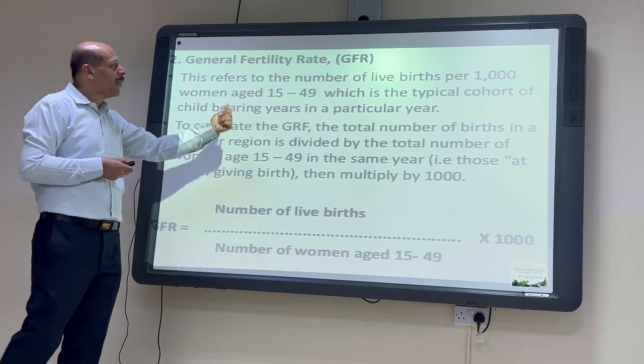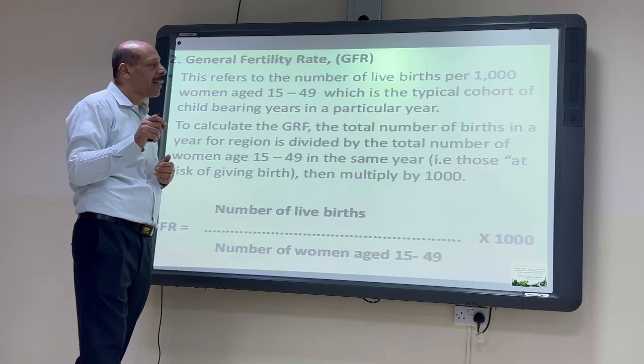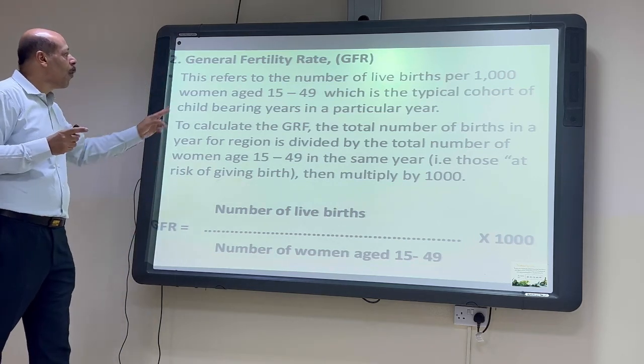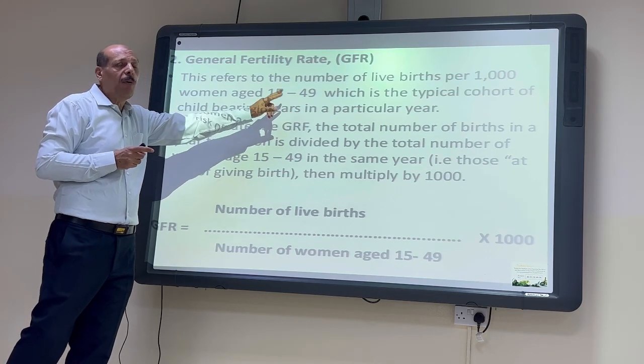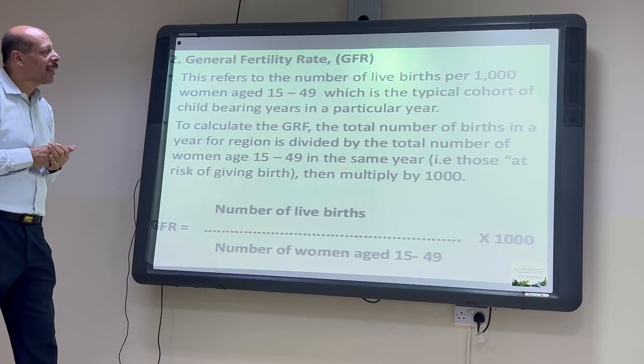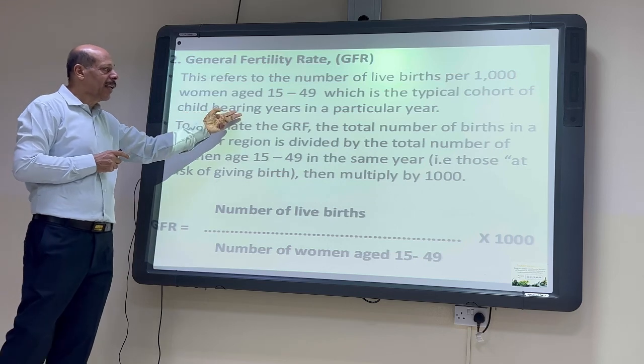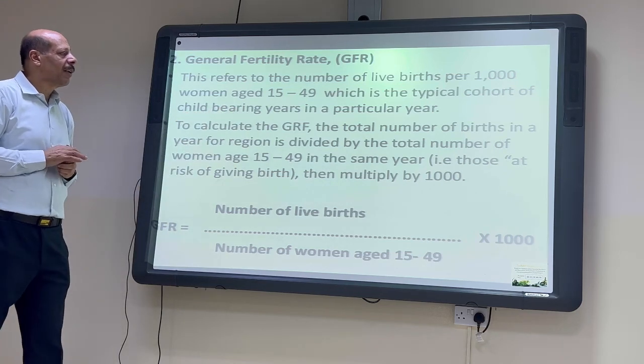The general fertility rate refers to the number of live births per 1,000 women aged 15 to 49, which is the typical cohort for childbearing in a particular year.